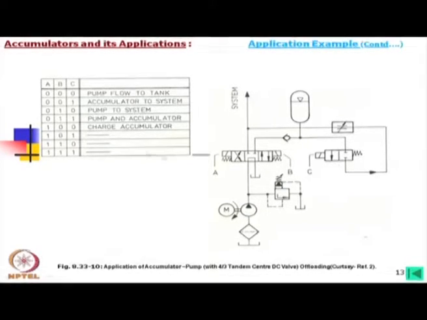Then A is on, B is off and C is off, then only this accumulator is being charged, because the oil from the main system is going to the tank and this oil is being charged to this accumulator. Okay. So, this is another application of an accumulator with a hydraulic system, and how it can be arranged.